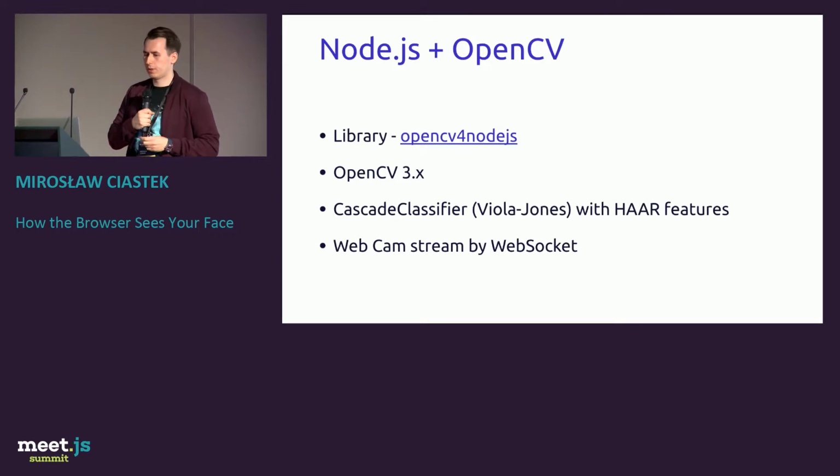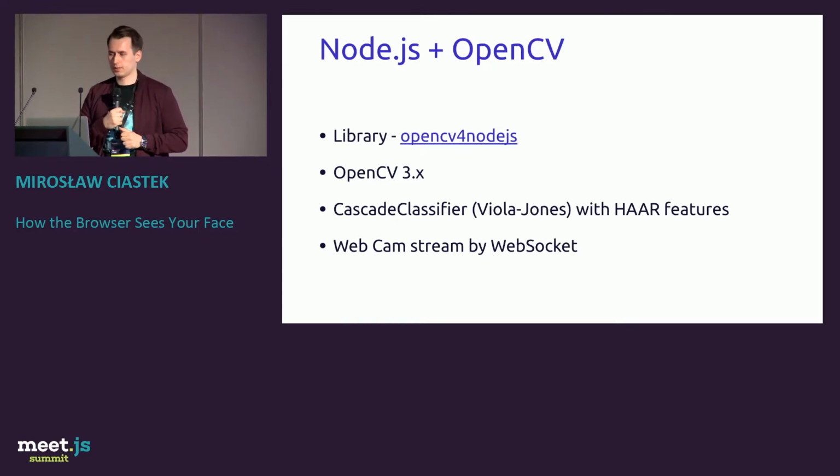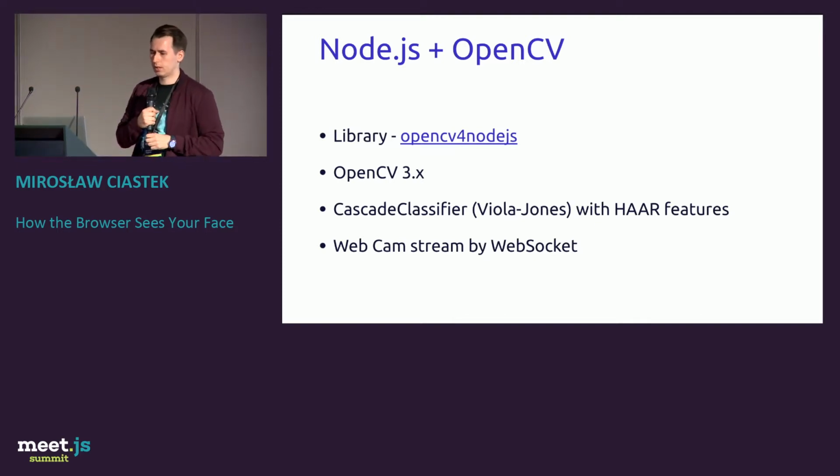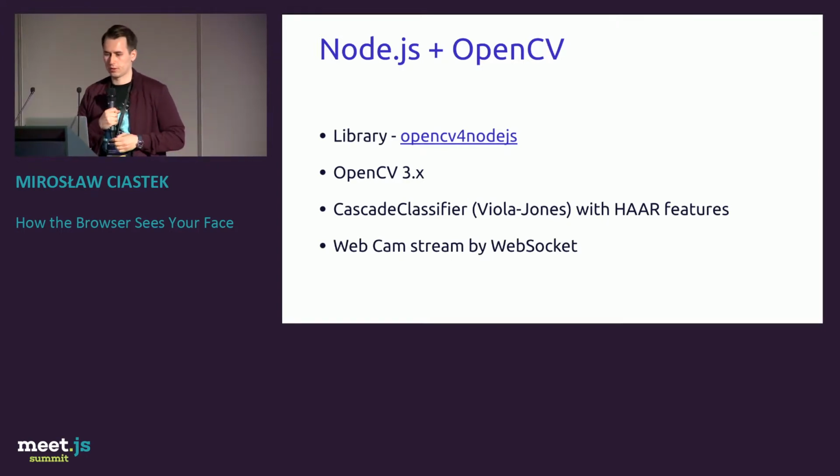So I used OpenCV for Node.js. It uses OpenCV in version 3. To detect the face using this library, you can use the Cascade classifier, which is the same as the Viola-Jones classifier from the previous version.